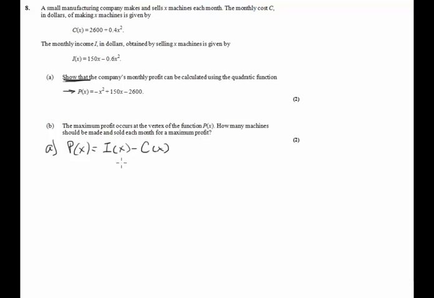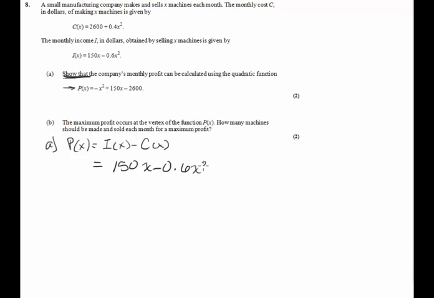You don't necessarily have to show me that, but what I should see right away is this, and here is the important thing. You are subtracting the function of the cost, so put that in brackets because that is going to make a difference.